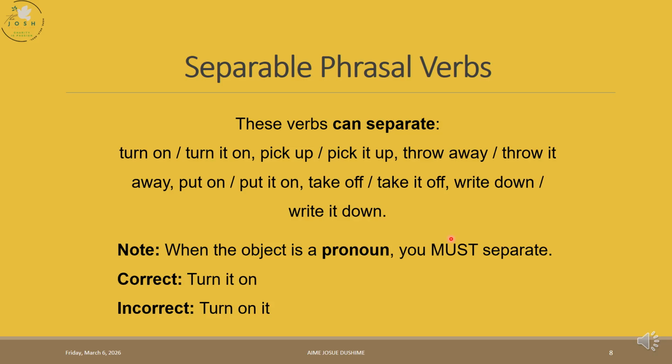What did I miss out? Us. Okay, I forgot us. And the last one, him. Yeah, him. When we have those object pronouns, put the object pronoun in the middle.